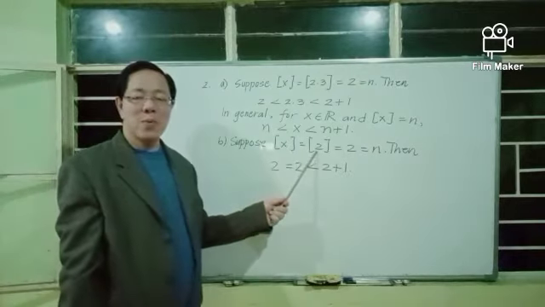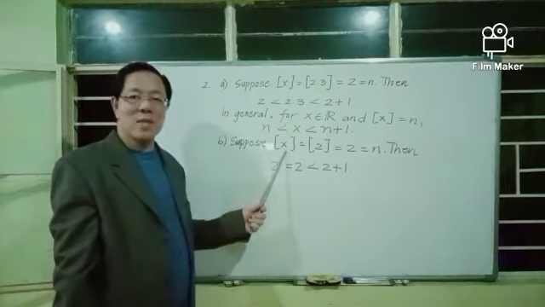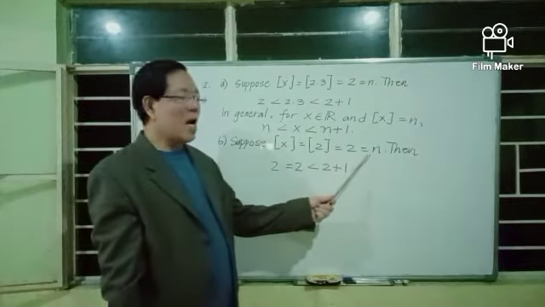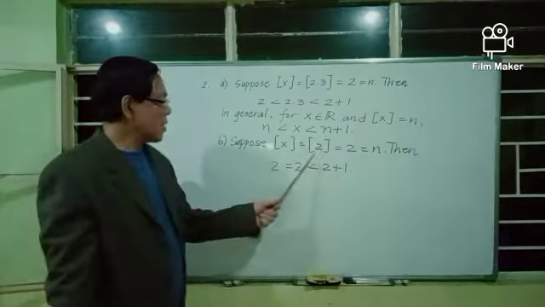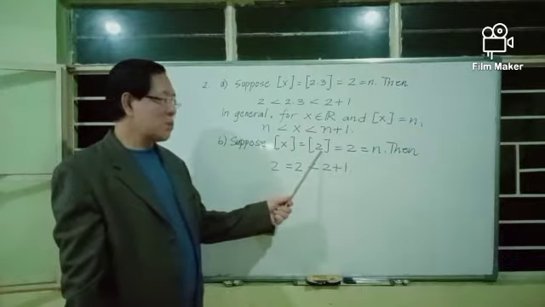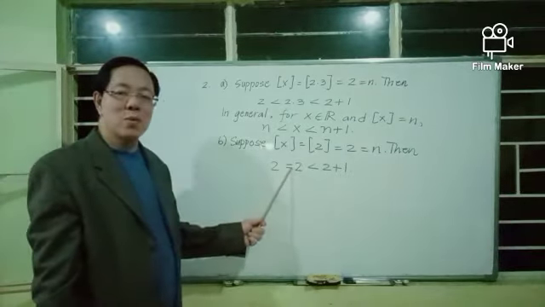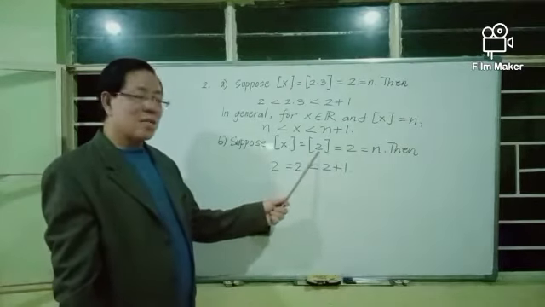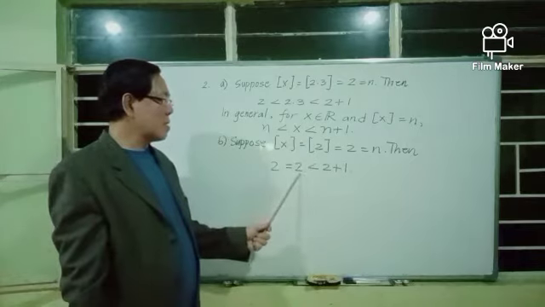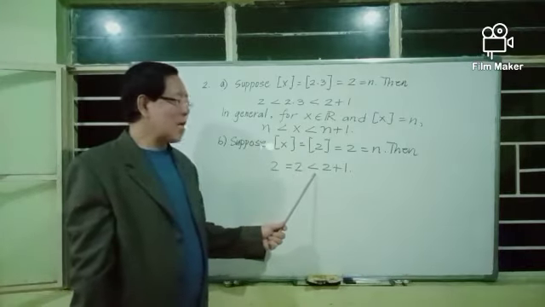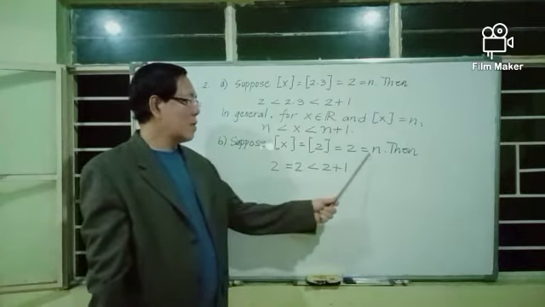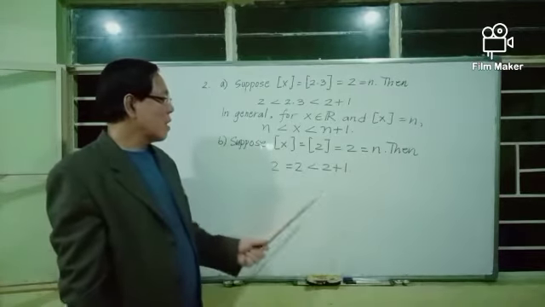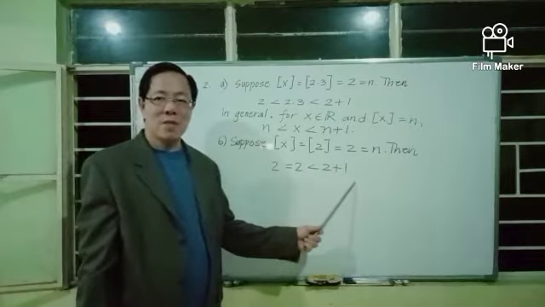Then the floor of 2, or the greatest integer function of x when x is 2, is equal to 2. And we take 2 as n. You can see that x, which is 2, is exactly equal to n, which is 2. But x, which is 2, is strictly less than 2 plus 1, where 2 is n, the floor of 2. We generalize this result.